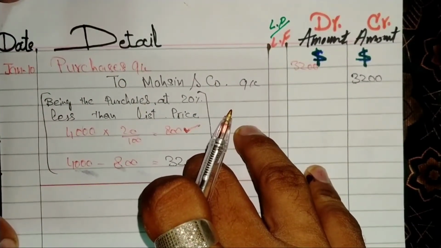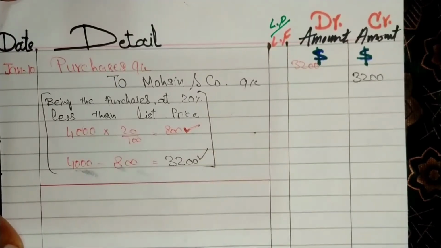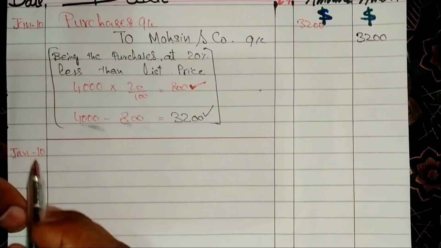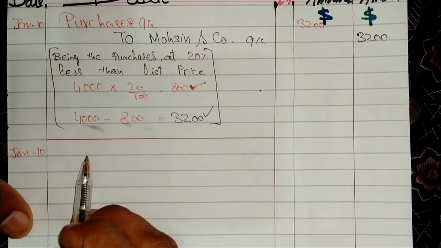The second effect of this transaction is sales, on the same date, 10th January: sales to Salman on credit basis with full amount.